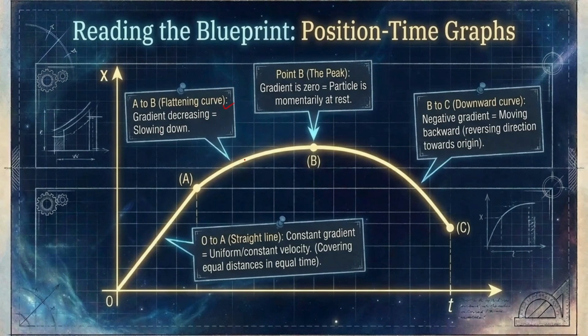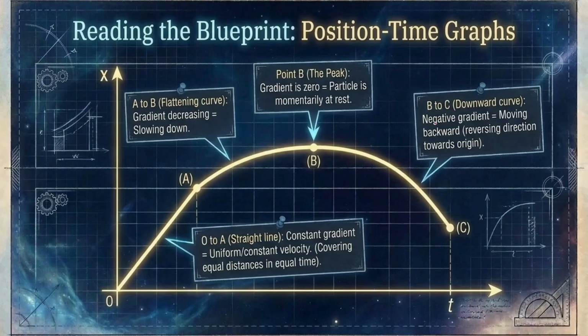This means slowing down. If the body has a speed of 10 meters per second and then it comes to 5 meters per second, it shows this kind of structure. At point B, the gradient is 0 and the particle is momentarily stationary, meaning the position is fixed with respect to time, so the object is not going anywhere.